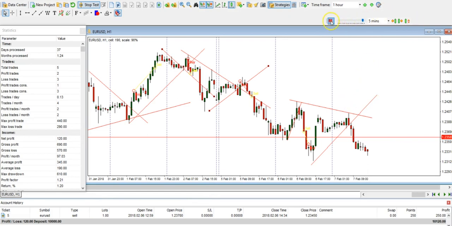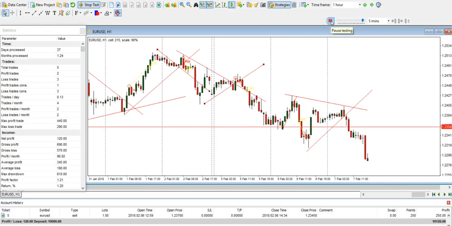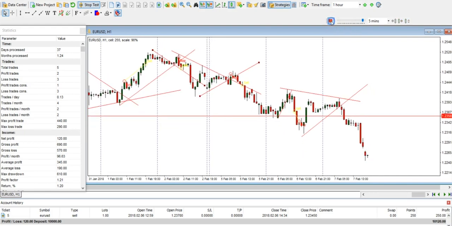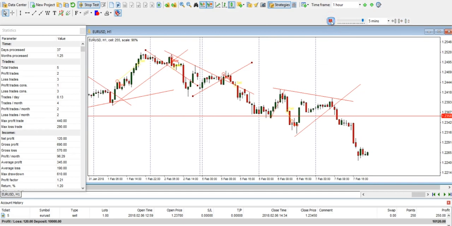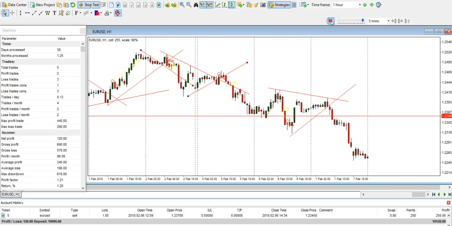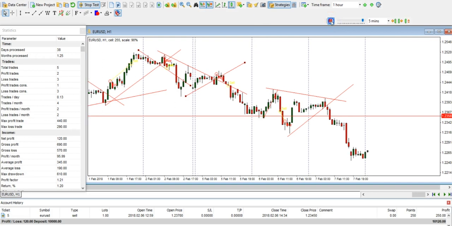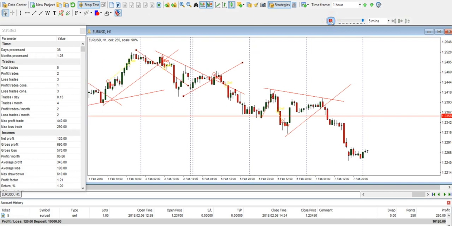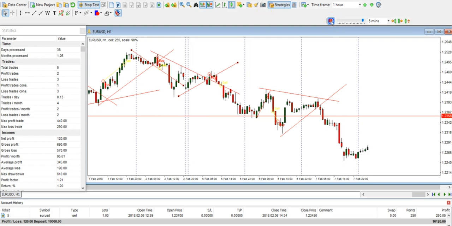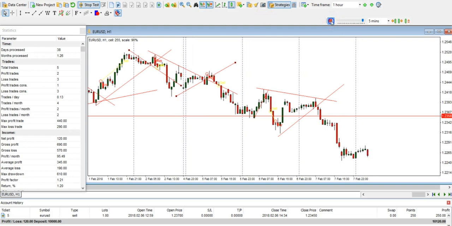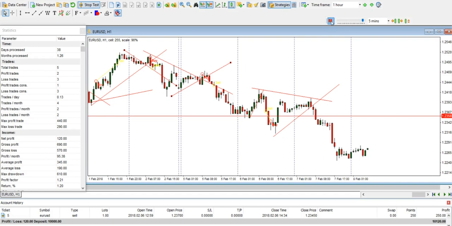Right, sorry about that. But I hope you're getting the hang of how it works. Very powerful, as you can see. Very simple.